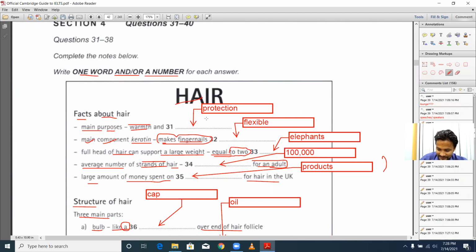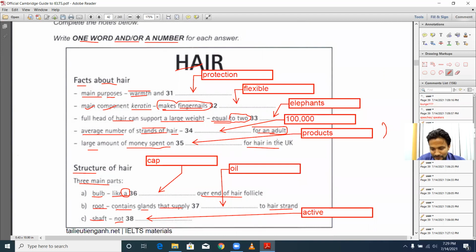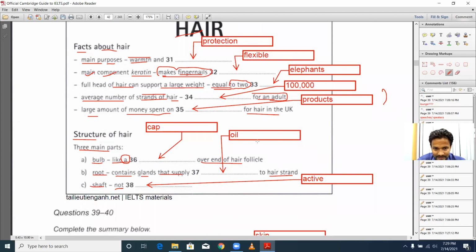Let's go in the last part and check the answer. So the answer for question number 31 is protection, correct. Flexible, correct. Elephants, correct. 1,000, okay. 100,000, okay. We have 5 zeros, all right, correct. Spent on products, yeah, correct. The answer is products, correct.